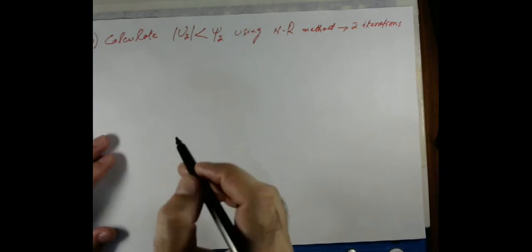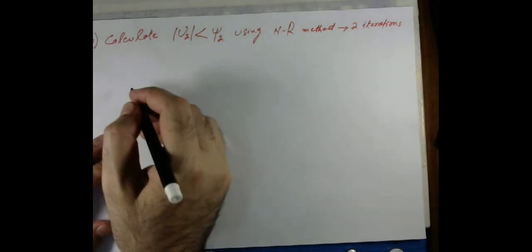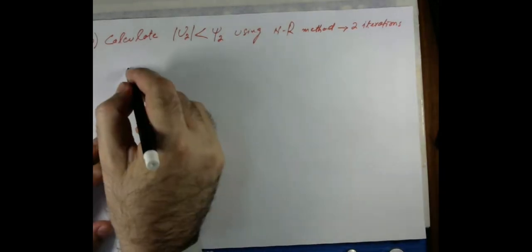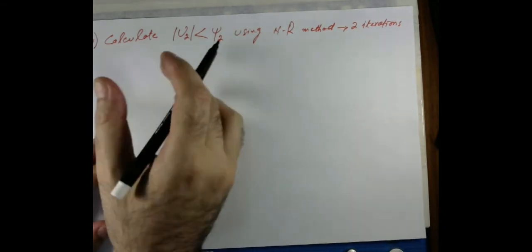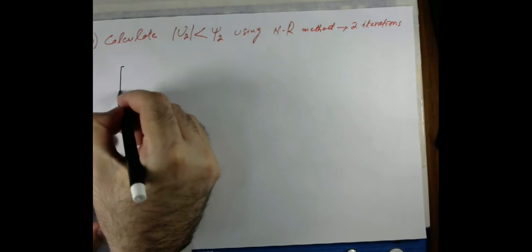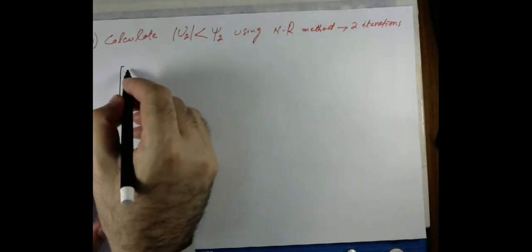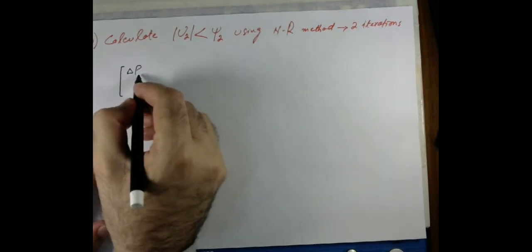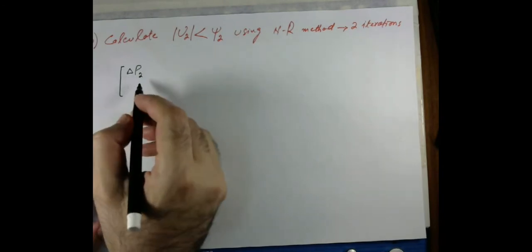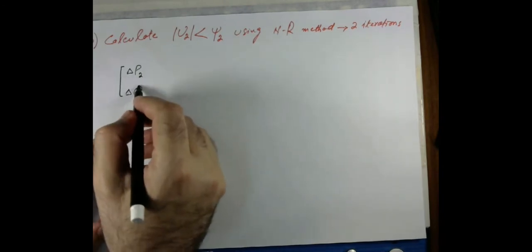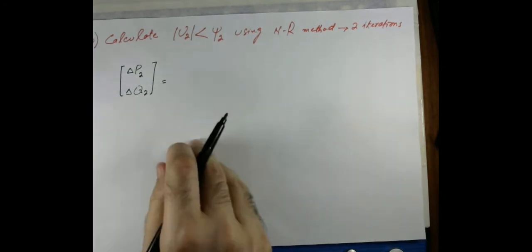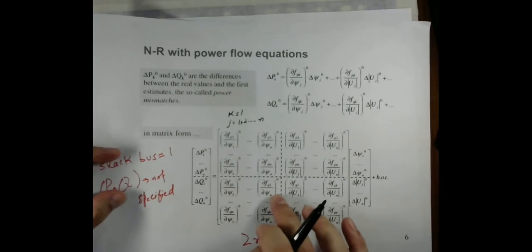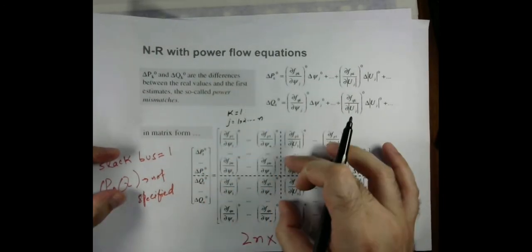As this is a two bus system, we can write it like that: delta P2 and delta Q2, the power mismatch, will be equal to, as per the discussion which we had yesterday, this is the power mismatch, this is the Jacobian matrix, and that is the error.